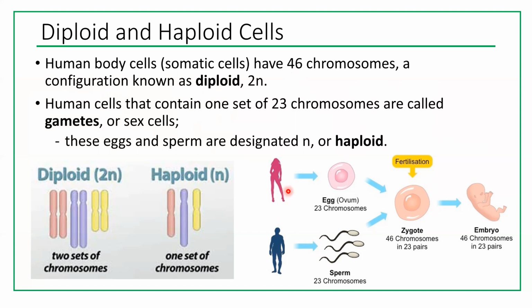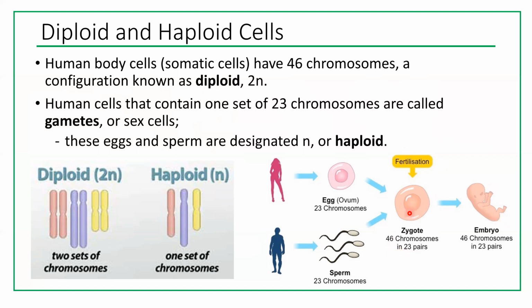But when we produce sex cells, ova or sperm, those cells carry only 1 set of homologous chromosomes, 23 and 23. But when they fuse together through fertilization and a zygote is formed, that's the first cell that will grow into a new organism. This zygote will have 46 chromosomes in 23 pairs.